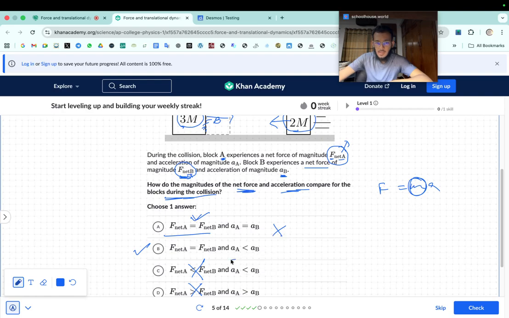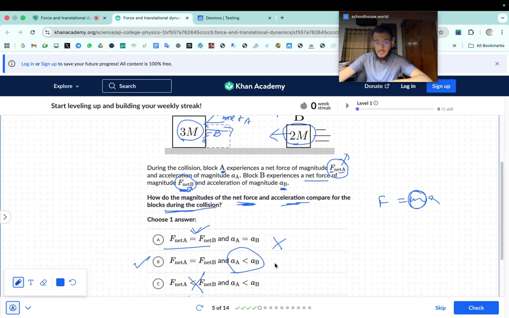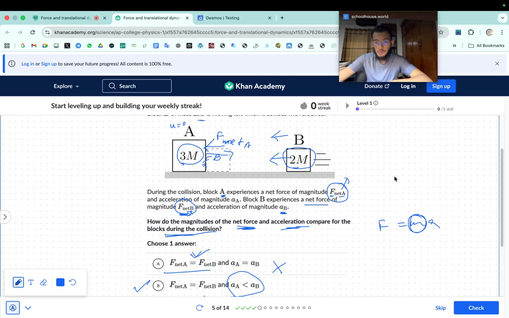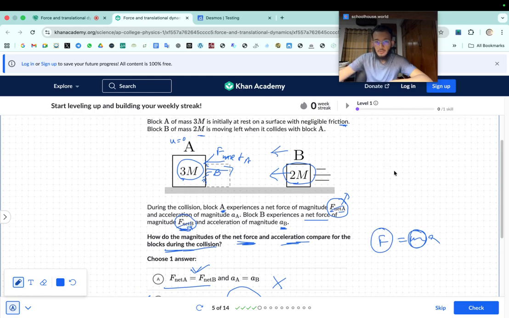But let's prove that a of B is greater. In order to do so, let's replace both of these with the same variable F because they're equal. So for A, we have F equals 3m times a, so a of A equals F by 3m, or F by m times 1 upon 3.